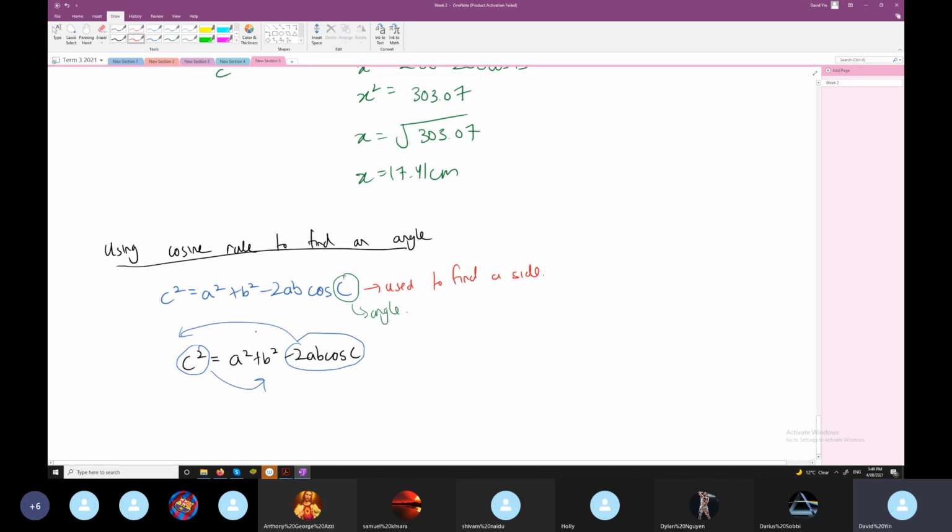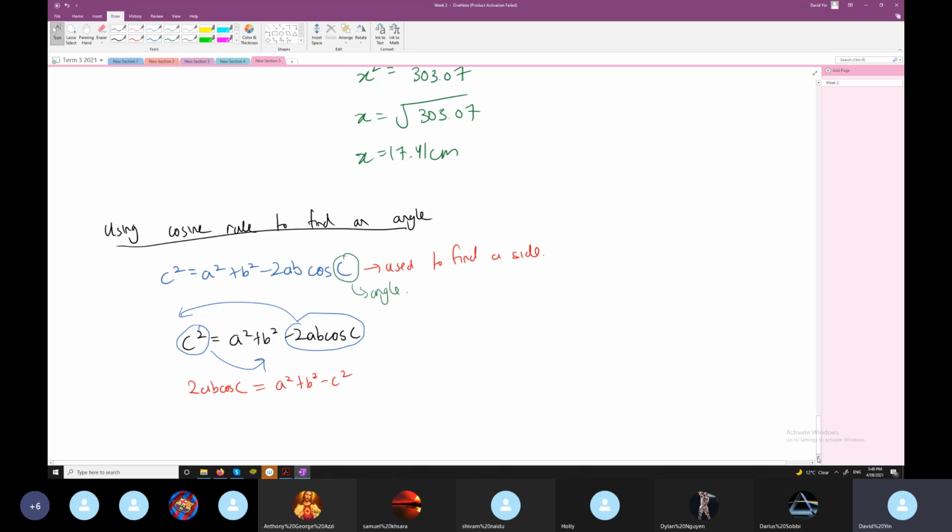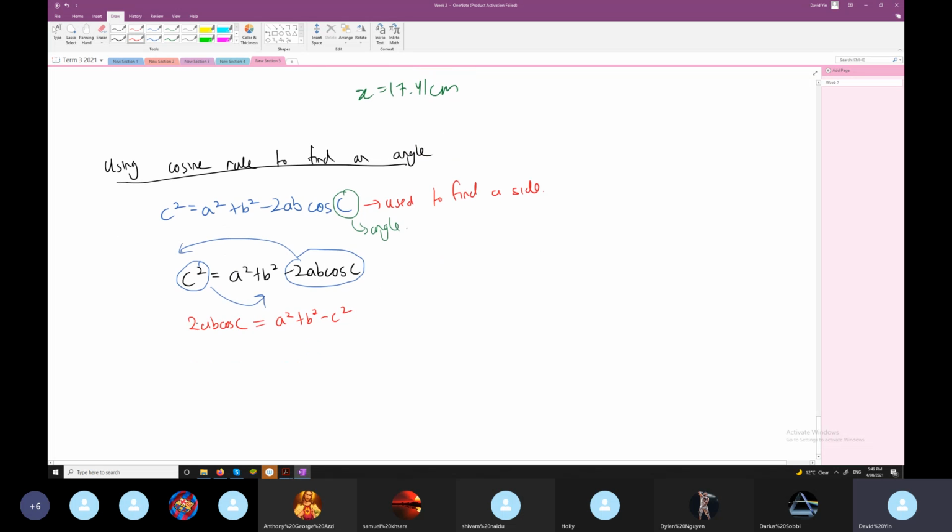So this will be positive 2ab cos c, because if you bring a negative over, it becomes a positive, and you've got a squared plus b squared minus c squared. You will need to know how to derive this formula. Then this is 2ab times cos c. So we can say cos c equals a squared plus b squared minus c squared all over 2ab. And that is the formula that you want to use to find the angle.